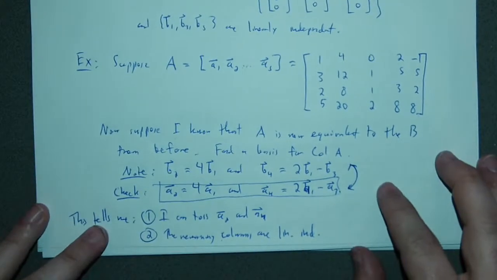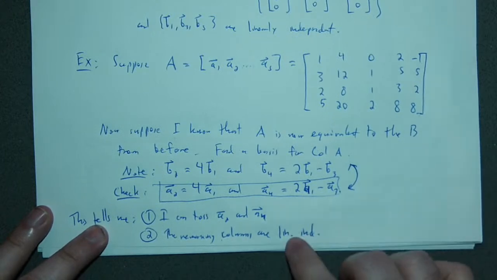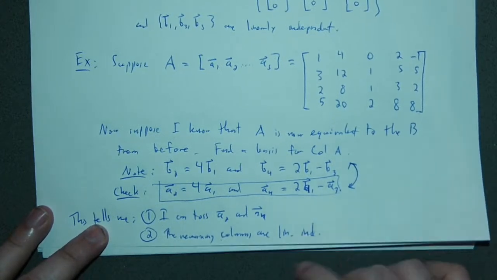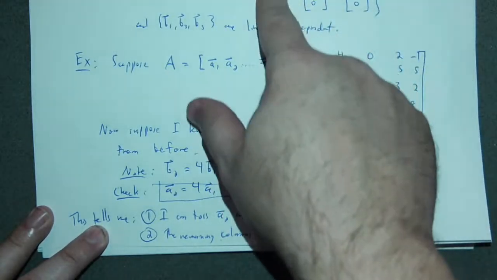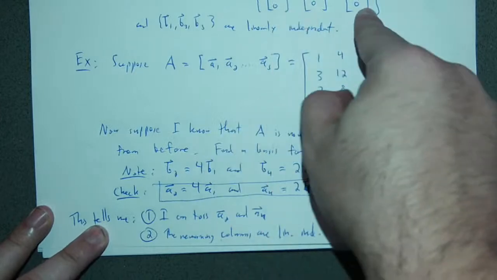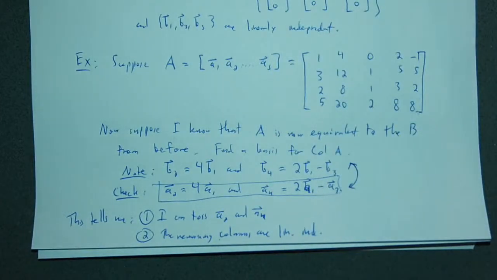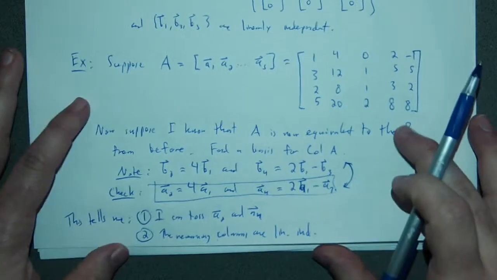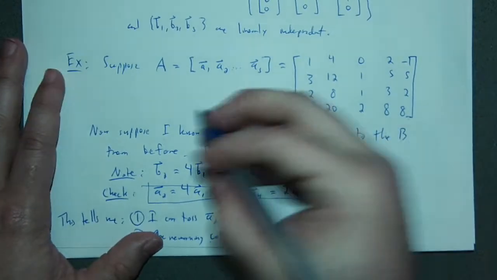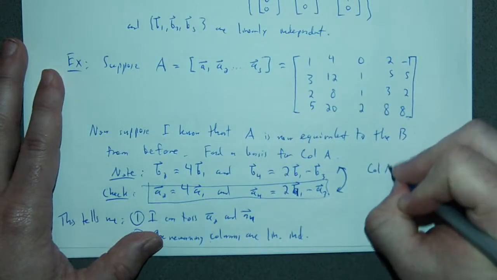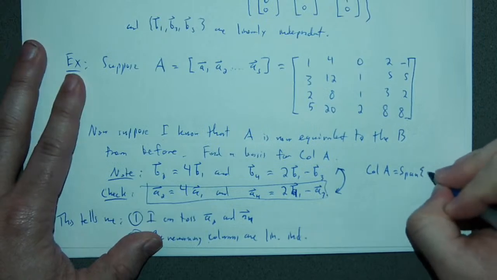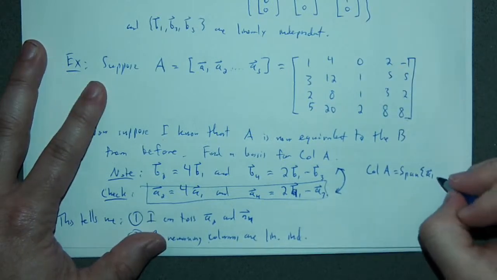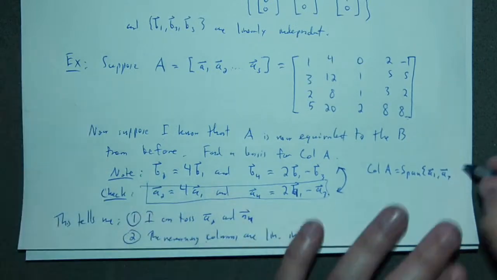The remaining columns are linearly independent. The reason for that is that if there was a linear dependence relation among the remaining three columns, that would imply a linear dependence relation among the three columns of B that were left over, but there's not one, right? And so that is the reason why what's left is linearly independent. And so what is a basis for the column space of A? So Col A can be written as the span of A1, A3, and A5.